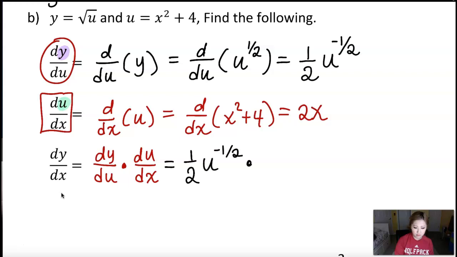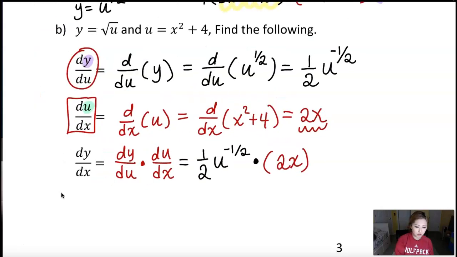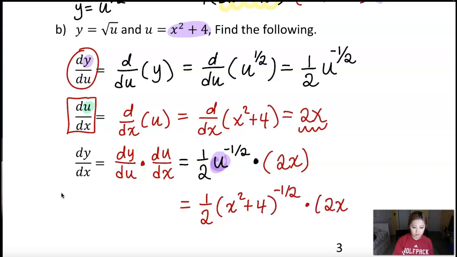I'm going to multiply this by what du/dx is. So du/dx is 2x. Now we're done, but let us now plug in what u is in here. Remember, u is x squared plus 4. So our final answer, kind of getting close there. Instead of u, let me put x squared plus 4 to the negative 1/2 power times 2x.